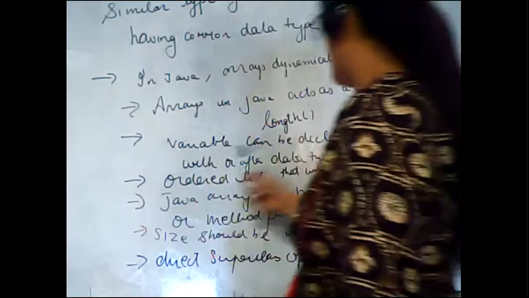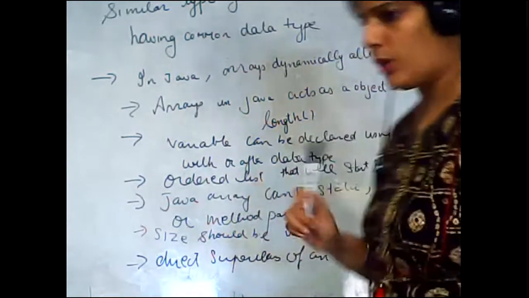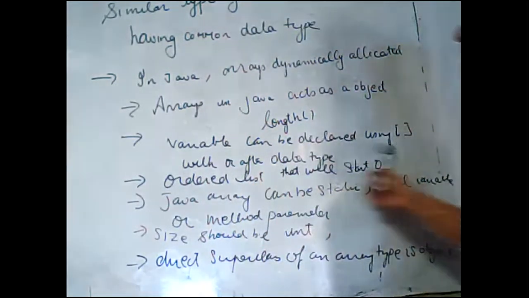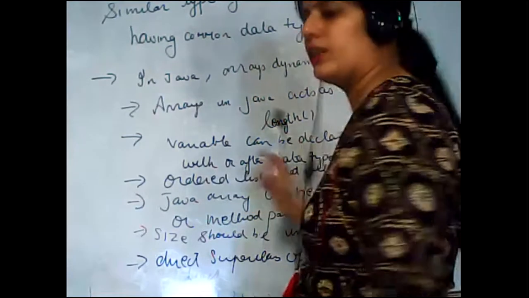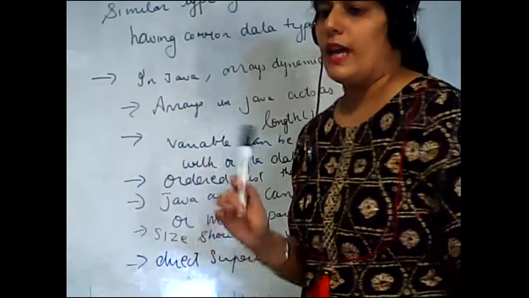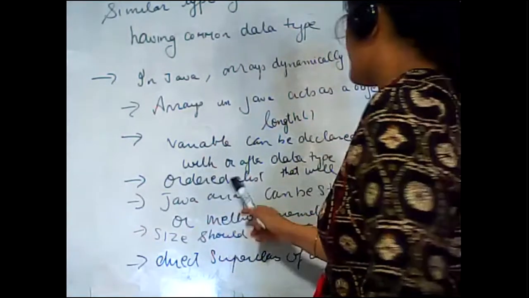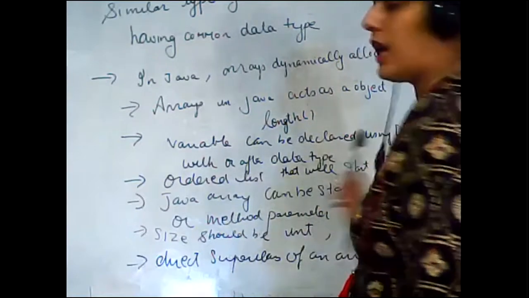Next, a variable can be declared using subscripts, or square brackets, used with or after the data type of that array variable. Next, it is an ordered list that will start from 0.